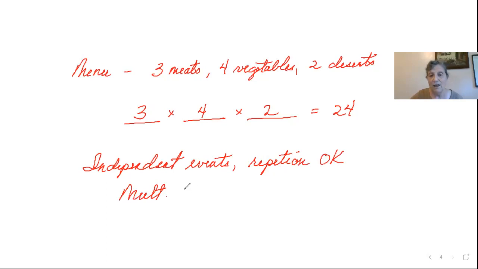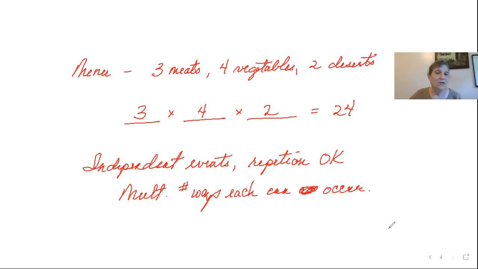You want to multiply the number of ways each can occur. That sounds good, doesn't it? So that's how we do the counting methods for independent events, and repetition is okay.